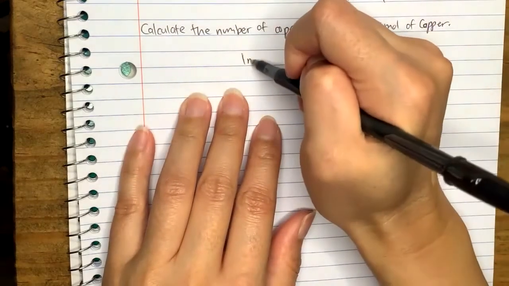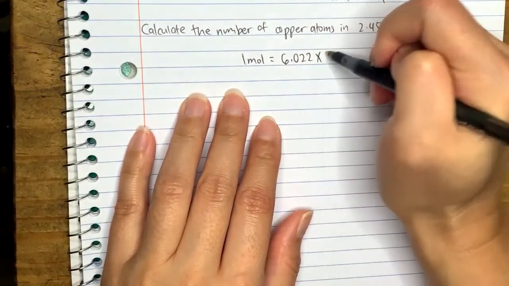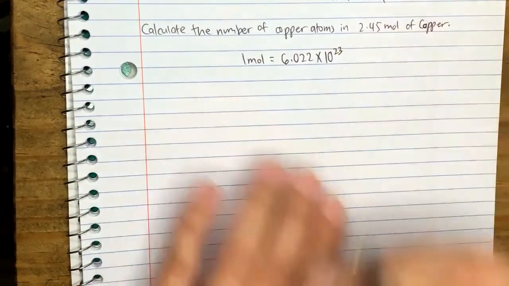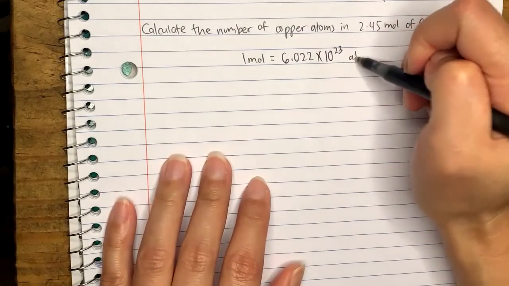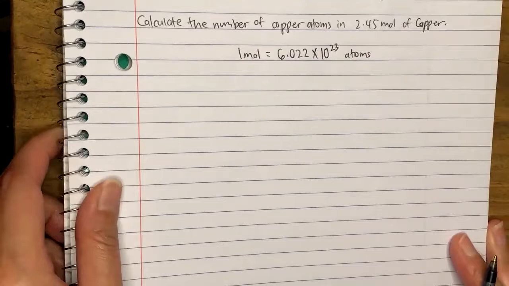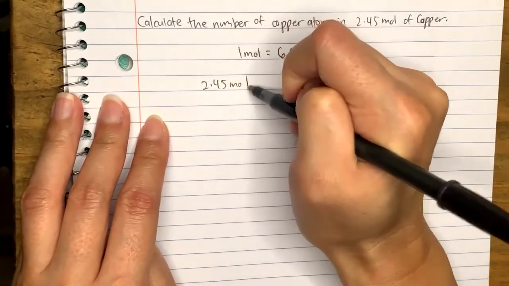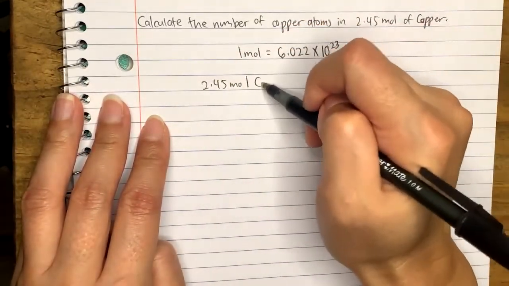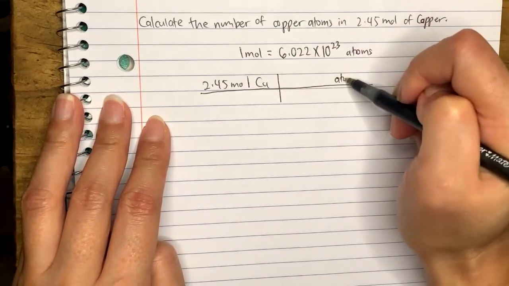Remember, 1 mole has 6.022 times 10 to the power 23 things. So we're speaking atoms here, okay? So if you have 2.45 moles of copper, I want to turn it into atoms.